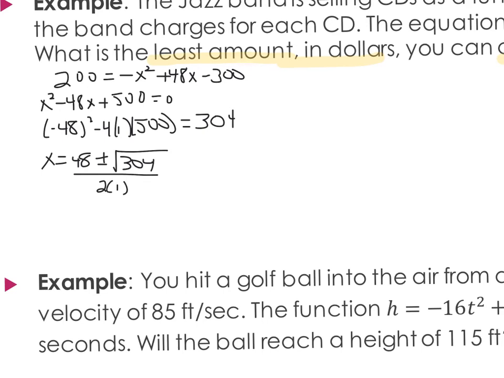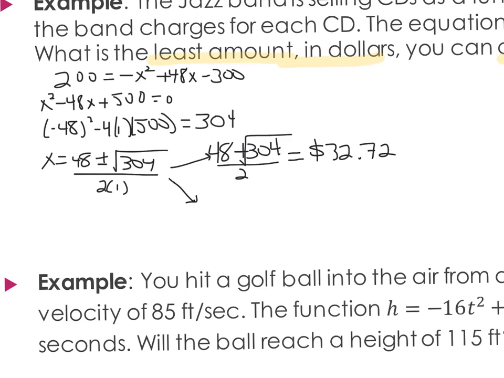And honestly, from here, it's probably easiest just to go to a calculator. Now in this case, it is okay to not leave it in exact form because we are looking for a dollar amount. So if we take 48 plus 304 square rooted over 2, let's see what that gives us. This value, when I use my calculator, gives us $32.72.